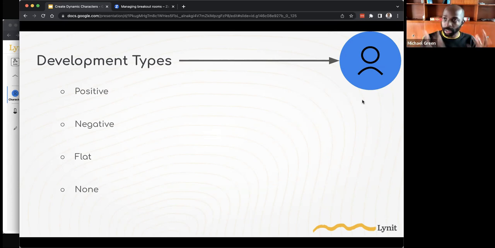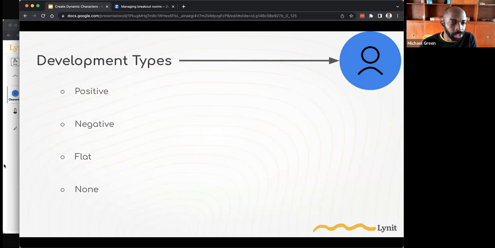It's just, he's there, he's doing his thing. And so there's no development type. But even though there's no development type, it doesn't mean he doesn't have the structure of the parts we saw before. He has his needs, his stakes, his consequences. But there's no development in terms of them getting closer or further from that internal challenge.